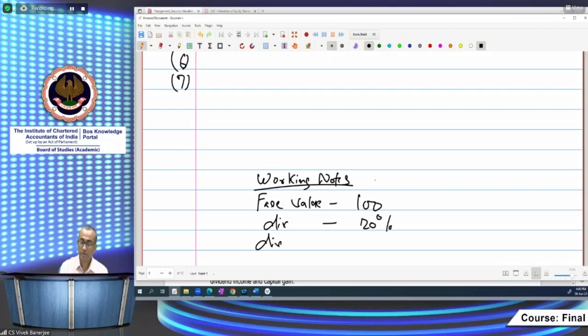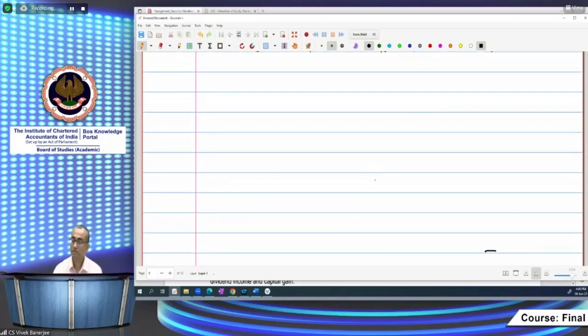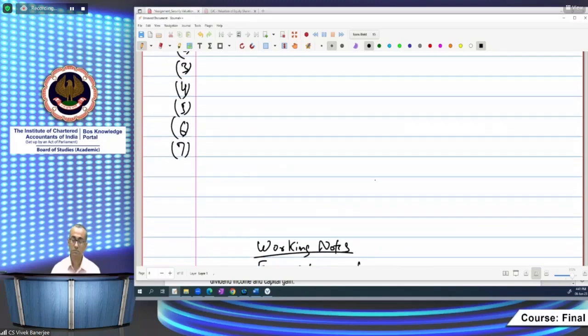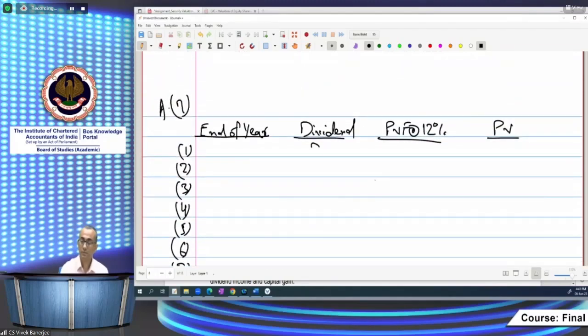So dividend amount will be 100 into 20%, equal to rupees 20, if he is holding one share. For one share. क्यों? क्योंकि एक शेयर की कीमत 100 रुपीज है, तो अगर एक शेयर वो होल्ड करेगा तो उसको 20 रुपीज डिविडेंड मिलेगा. Second year also 20, third year also 20.